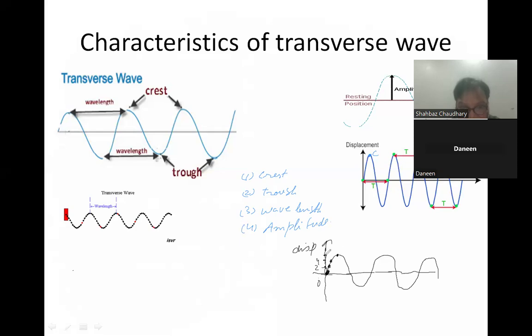And here it is 6. But the displacement is the highest here. This is the highest displacement, and the highest displacement of the particle of the medium is called amplitude. This is a displacement, this is also a displacement, but this is the amplitude.